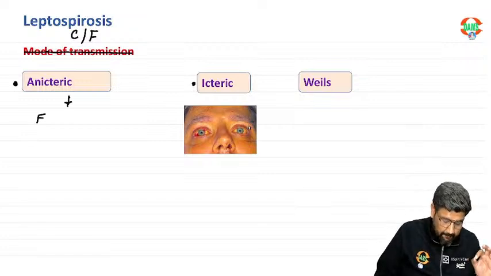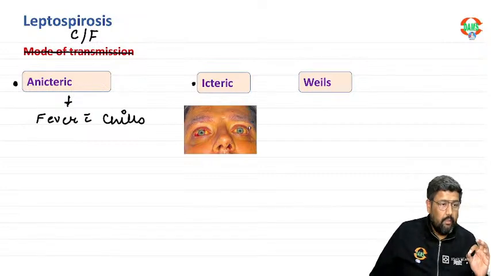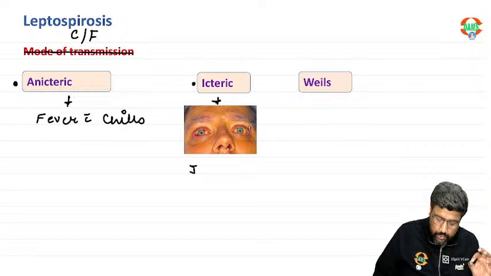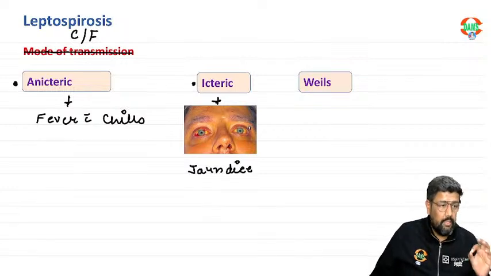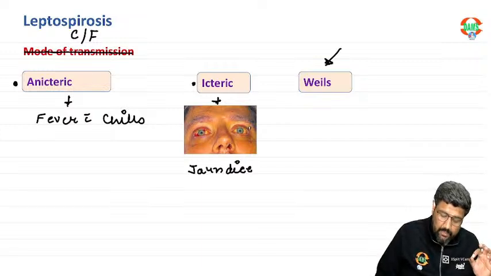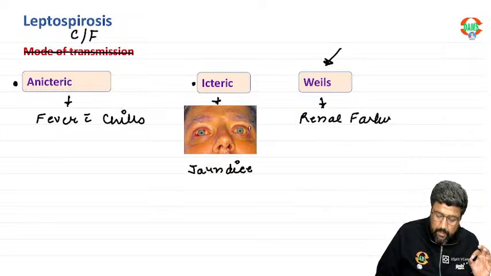Anicteric phase means fever with chills. Icteric phase means jaundice. And then we have Weil's disease, where there is renal failure and hepatic failure.